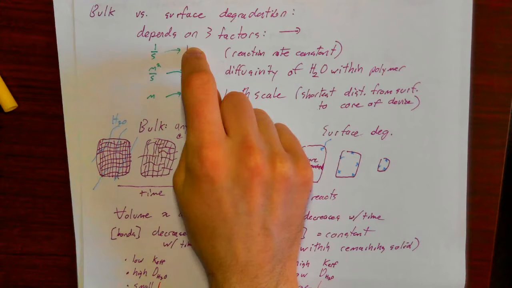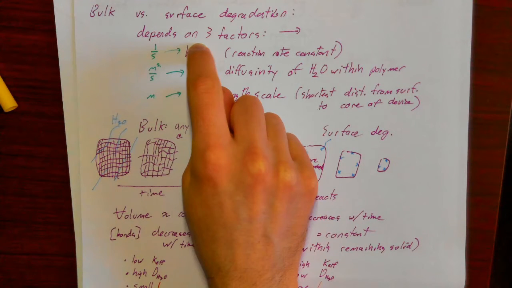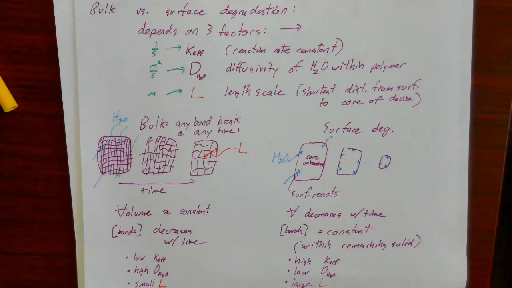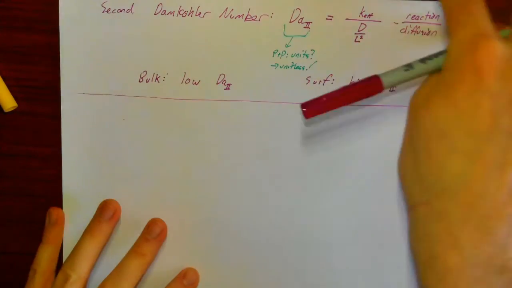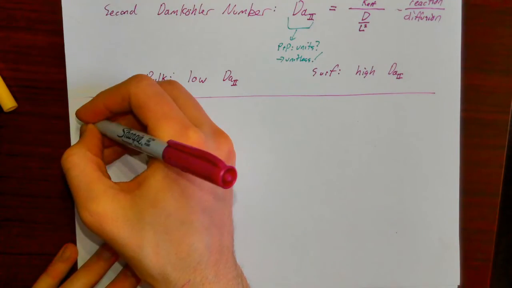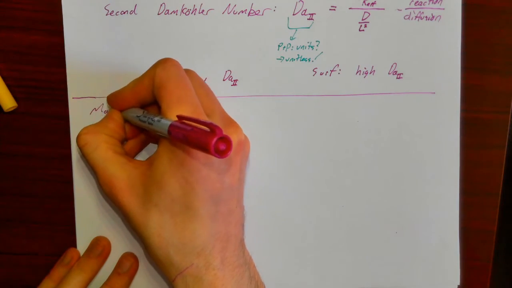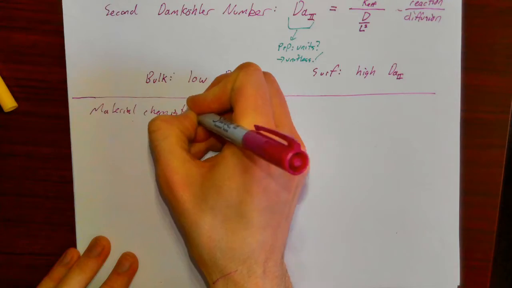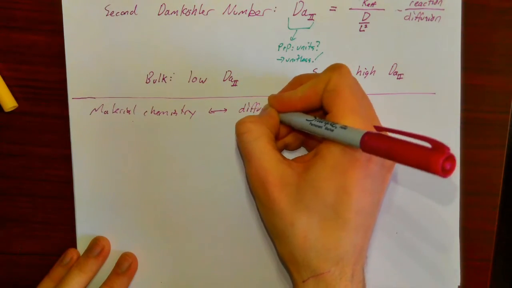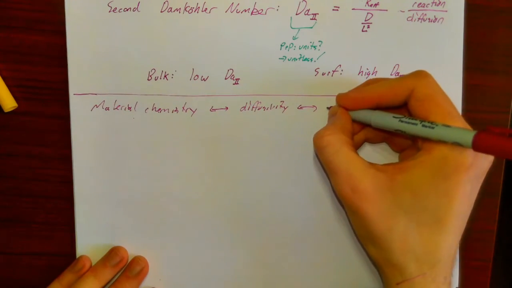So we already took a look at the chemistry of materials and saw... So now, let's take a closer look at the relationship between material chemistry and diffusivity, and sort of eventually the reaction rate.